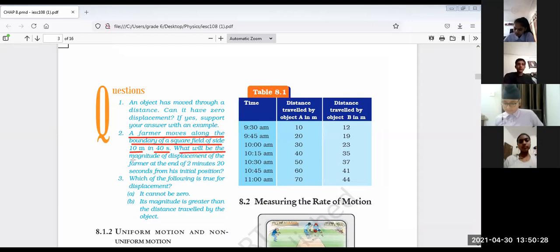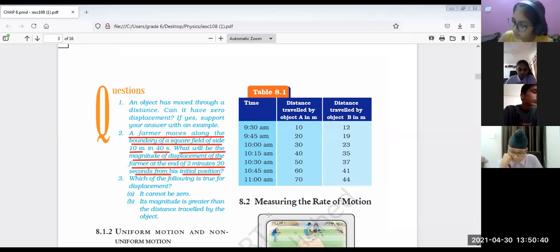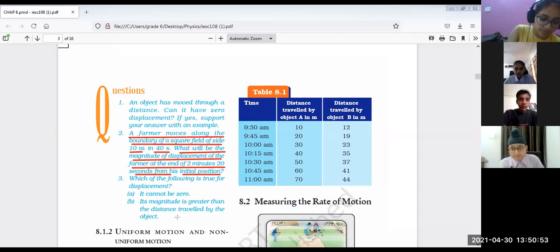What will be the magnitude of the displacement of the farmer at the end of 2 minutes 20 seconds from the initial position? You are going to start from the initial position. 2 मिनट 20 सेकेंड के बाद कितना डिस्प्लेसमेंट होगा? We have to find that. Question clear हुआ?